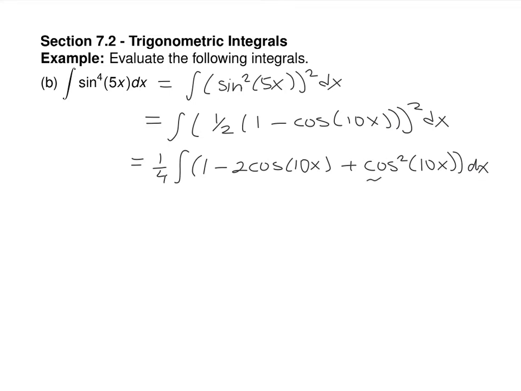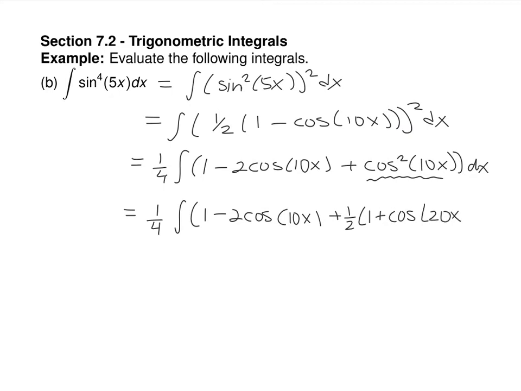So to this last one, we must again apply a trigonometric half-angle identity. So this will be 1/4 integral of 1 minus 2 cosine of 10x. Now cosine squared of 10x is the same thing as 1/2 times 1 plus cosine of, now the angle doubles again and becomes 20x.